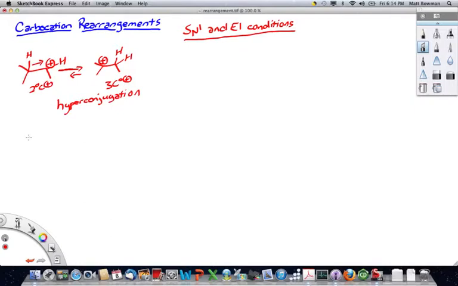Essentially, hyperconjugation, we kind of look at this secondary carbocation from the side. Methyl group, hydrogen, there's a carbocation, it's sp2 hybridized. Look at the other.